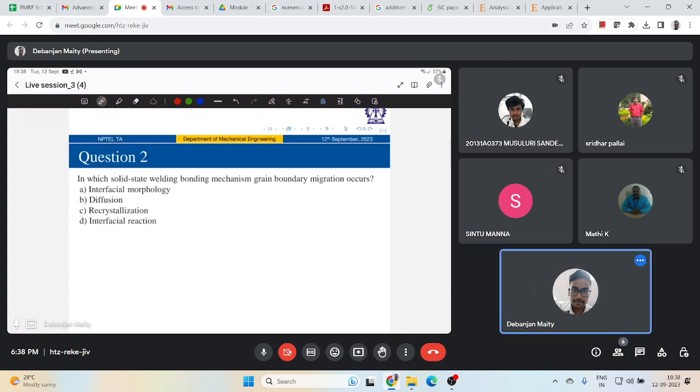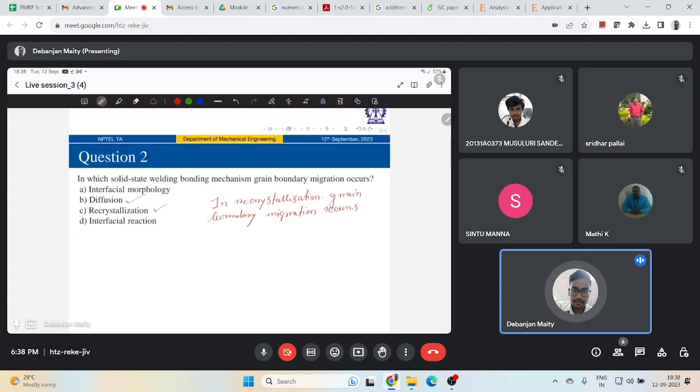So in recrystallization, grain boundary migration occurs.